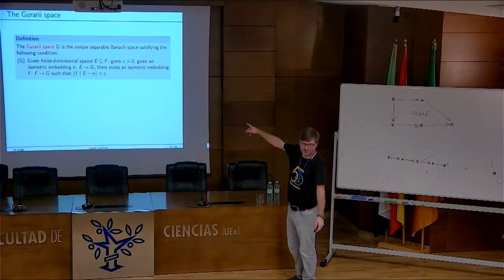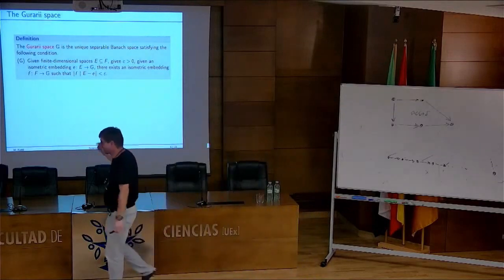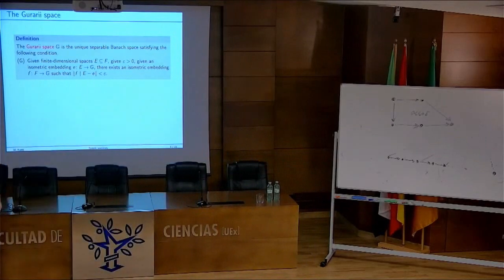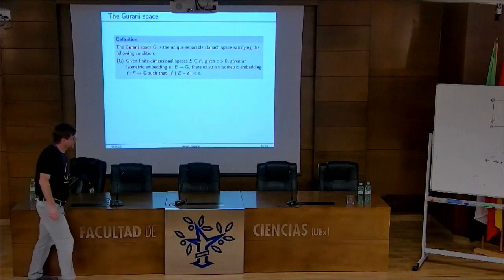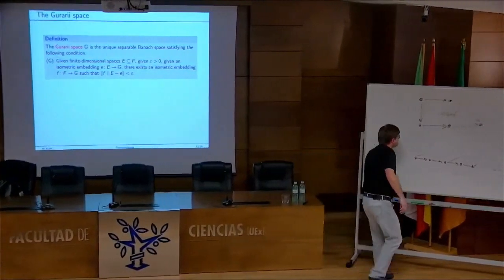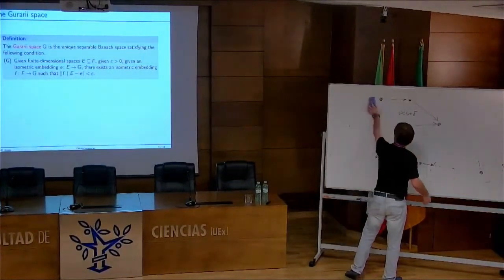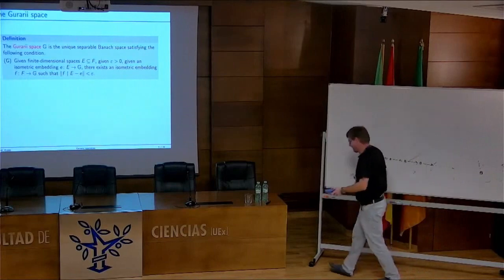It's not the one which Gurari gave, but it avoids epsilon isometries. So maybe on the picture, it is the most complicated separable Banach space, yeah?